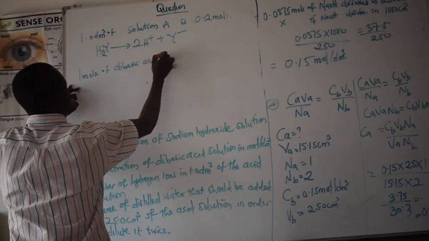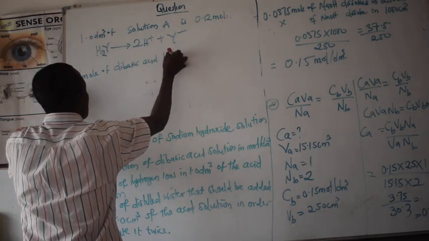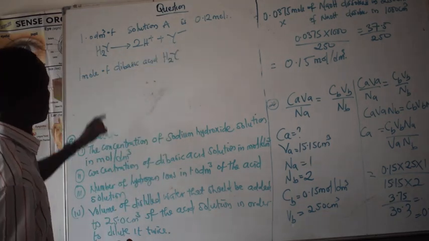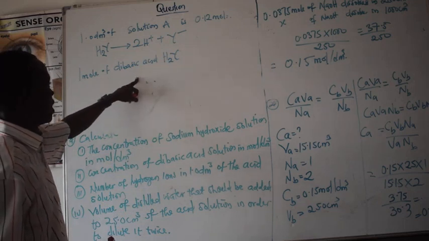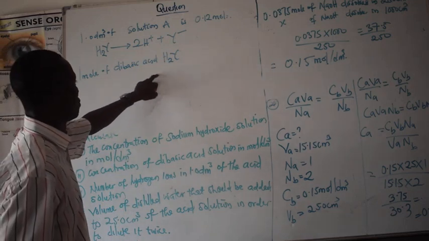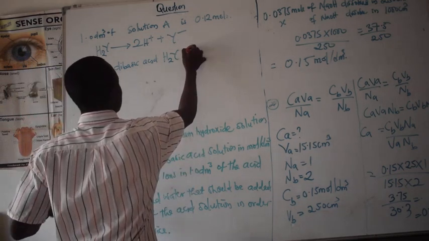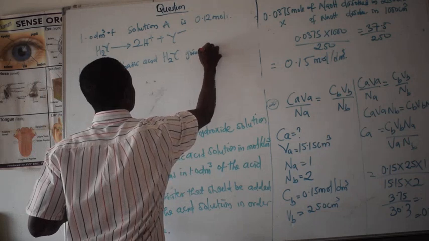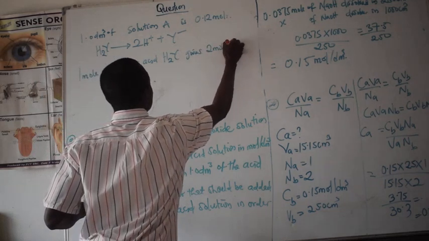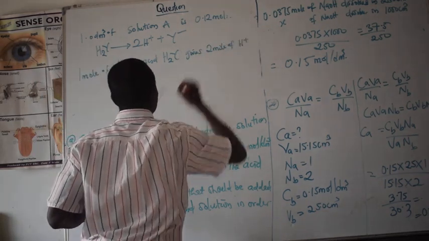That one is telling us that 1 mole of dibasic acid, which is H2Y, gives us 2 mole of hydrogen ion.